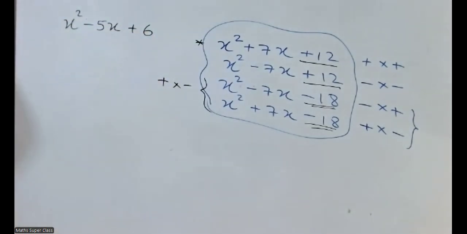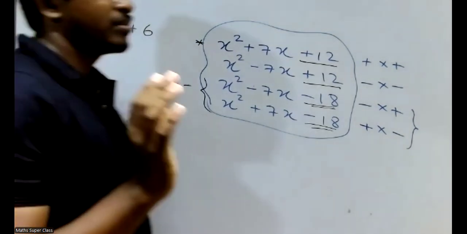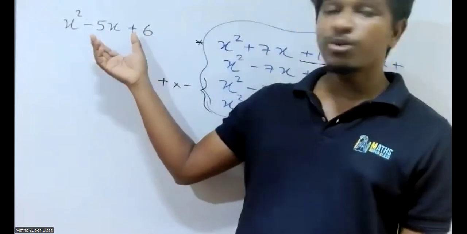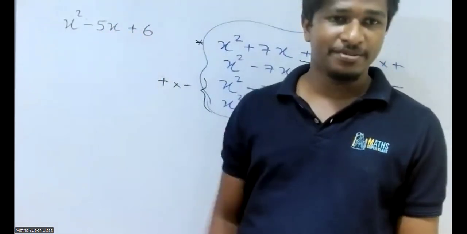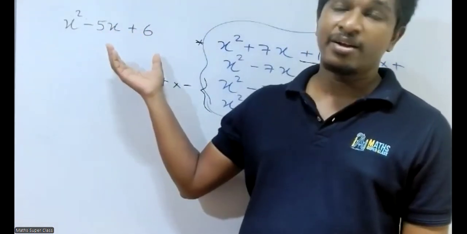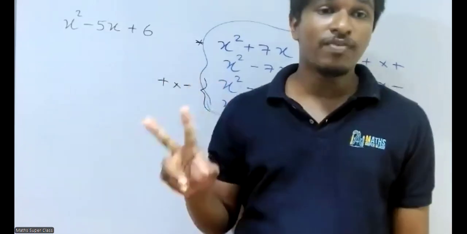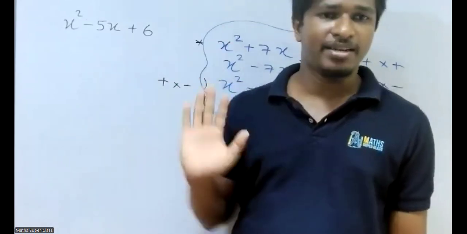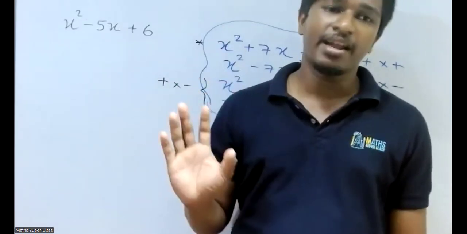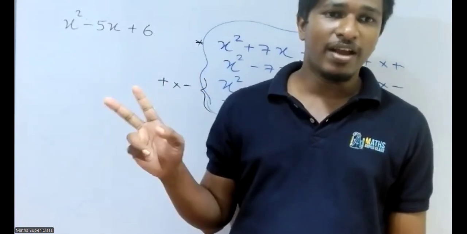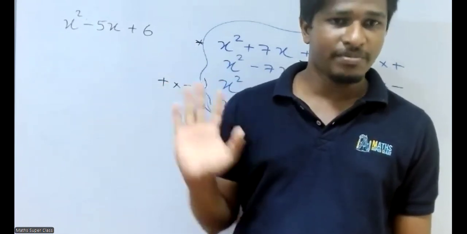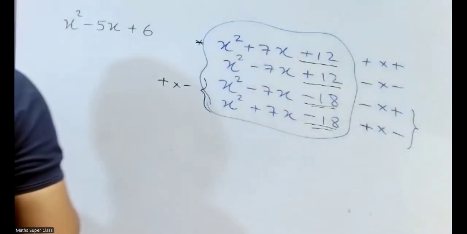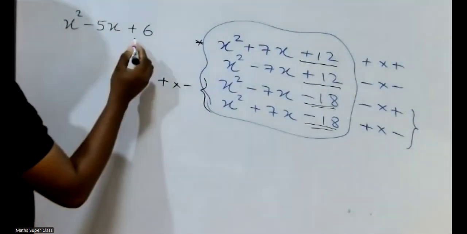So tell me, first we have to identify the signs of this expression, whether both of these two factors are plus or minus, or plus and minus. First we have to identify that. To identify that one, first we have to check from here.